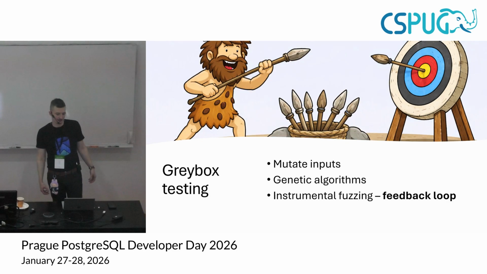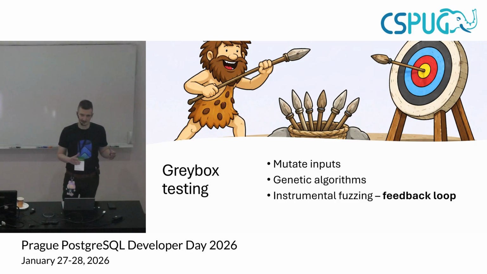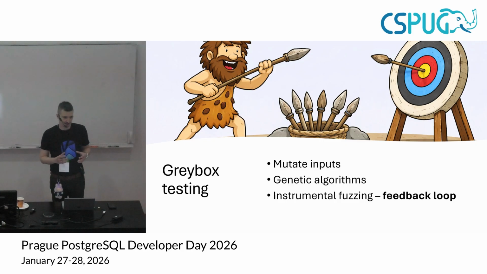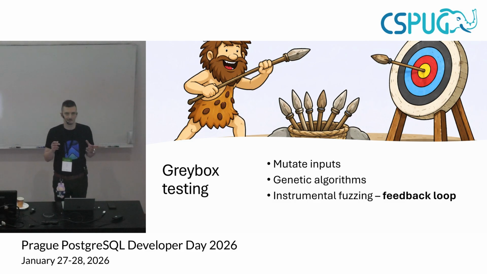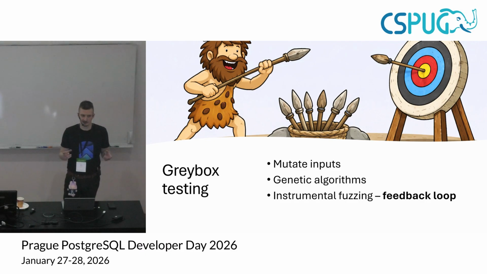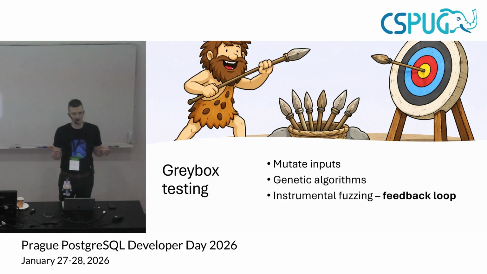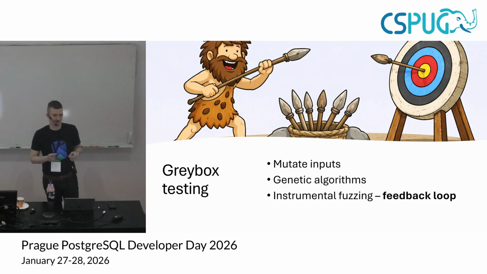Later on, the concept of gray box testing happened, which is, what if we try to be a little bit smarter about what we test? So if we are, for example, testing SQL statements on a database system, maybe we figure out that there's no point constantly throwing invalid SQL statements because we will not trigger some interesting behaviors, like, for example, indexes being used, because we never get to actual query execution.